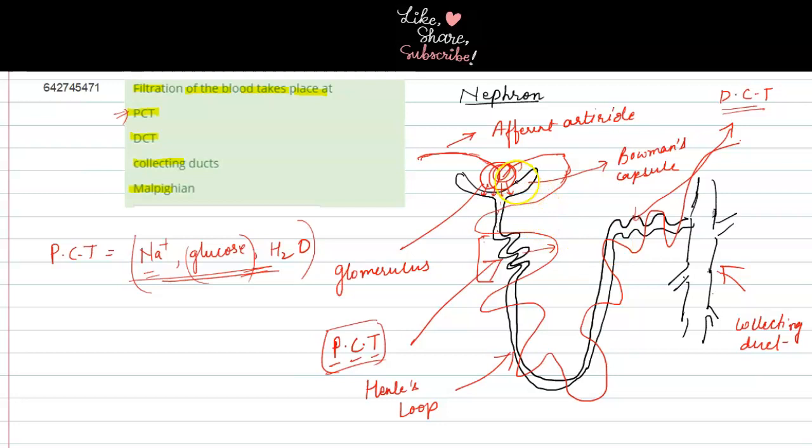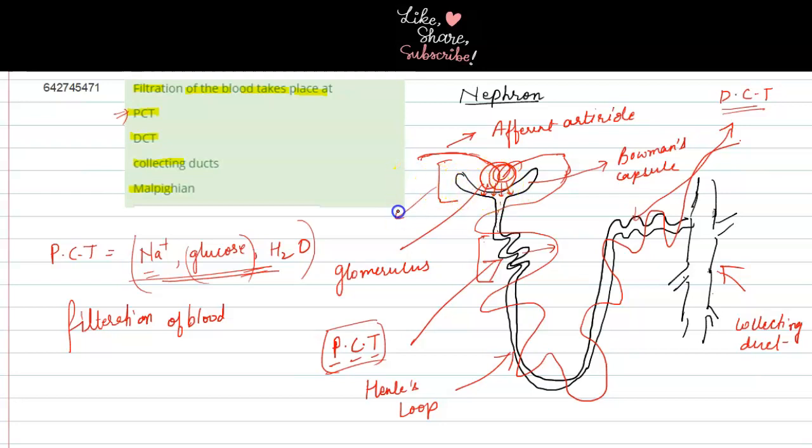Okay, but the major function of the filtration of blood, if you can see here, occurs in this area. Okay, this is the area where the actual filtration of blood is taking place.